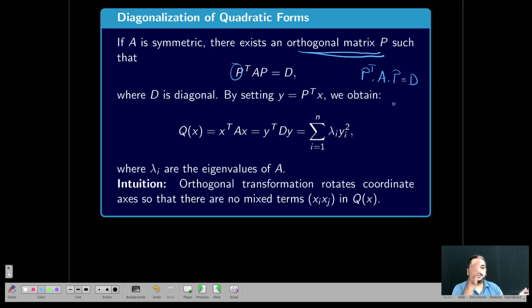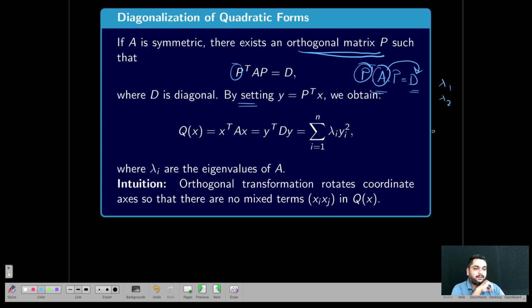That means my matrix is reduced to a diagonal matrix. And how will you find the diagonal elements? They are nothing but the eigenvalues of that matrix A. It is diagonalizable if there exists an orthogonal matrix P such that P transpose A P is equal to D.